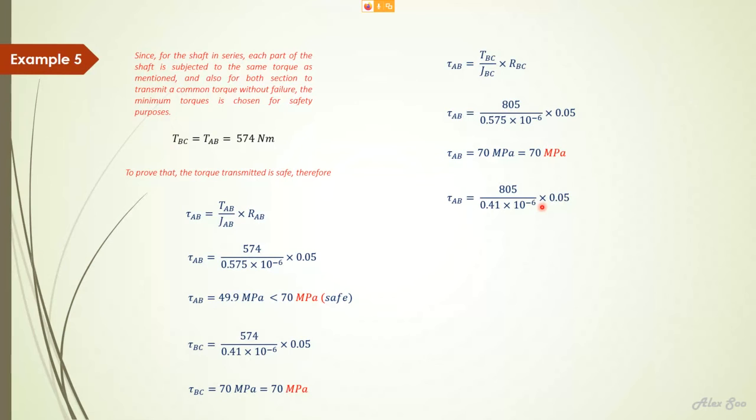But then let's say, for example, this should be BC, sorry, this should be tau BC already. Shear stress in BC. So if you don't mind, I need to change a bit. Hold on.